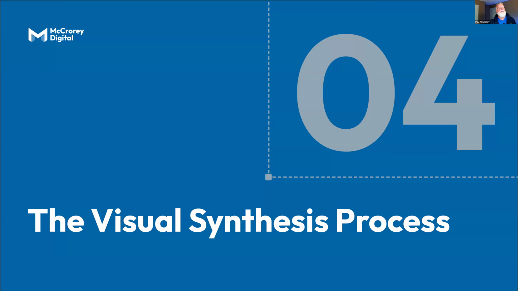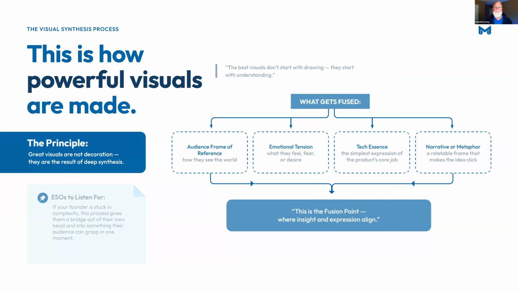Okay, so here's how we bring all that together. We're almost done. I think I'm going pretty fast, but we're almost done here, and I'm sure we'll have some questions that we can take. The synthesis process is what we're doing in the background as we capture all this information: their frame of reference, this emotional tension, their frustration, what words they're using, and can we really get to their fears and desires, because that helps inform all of this.